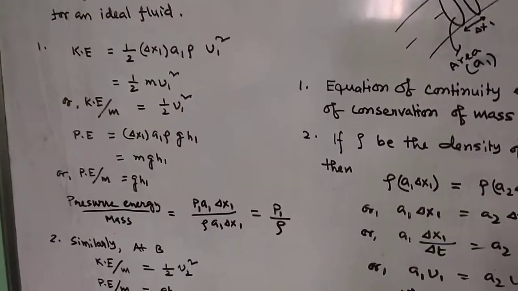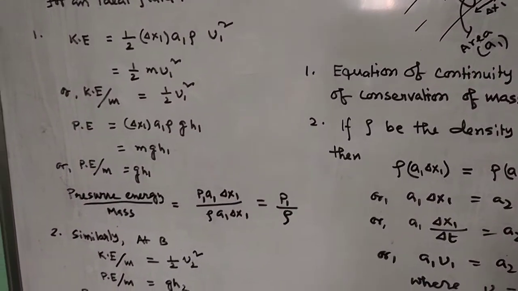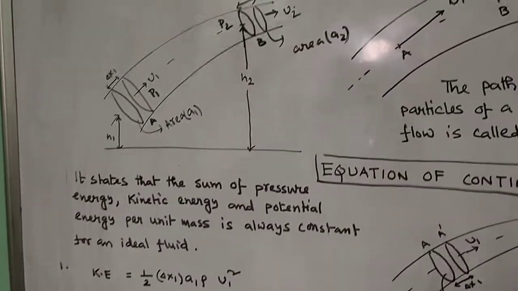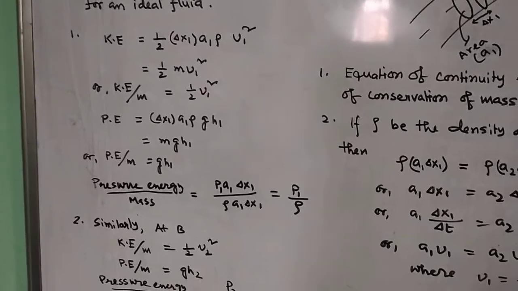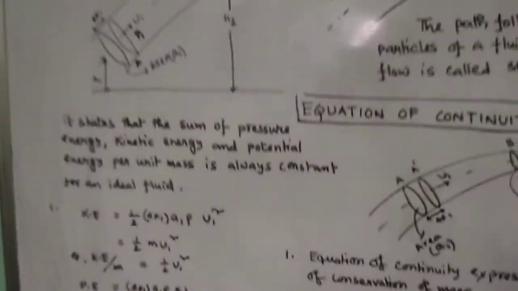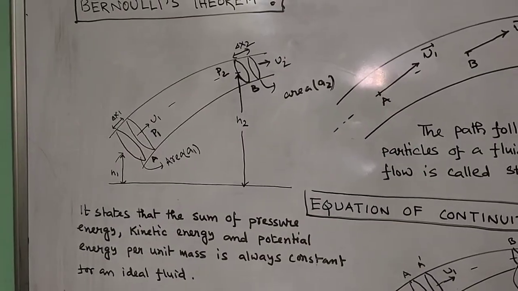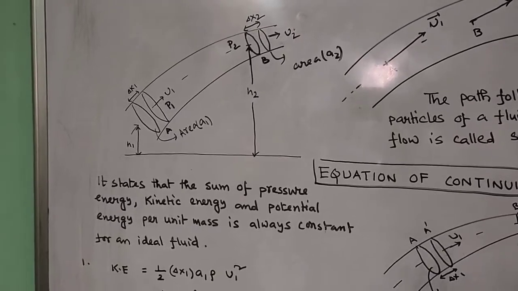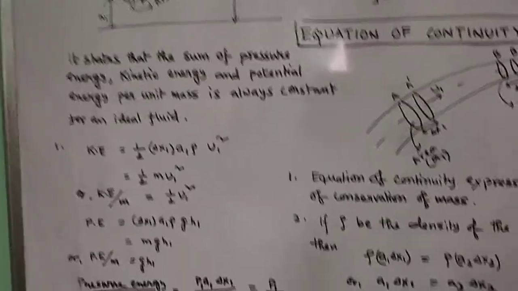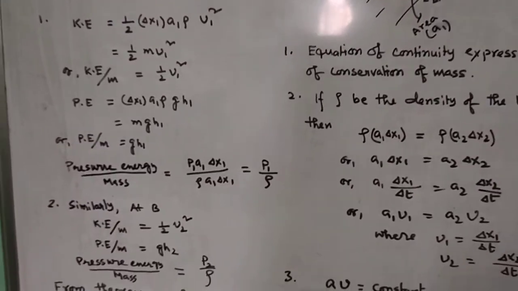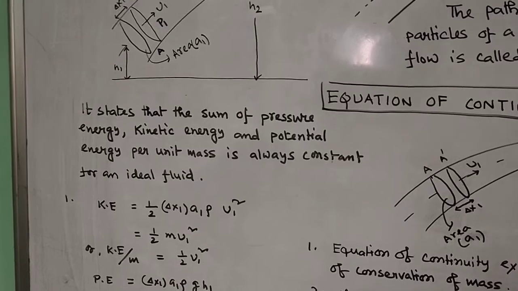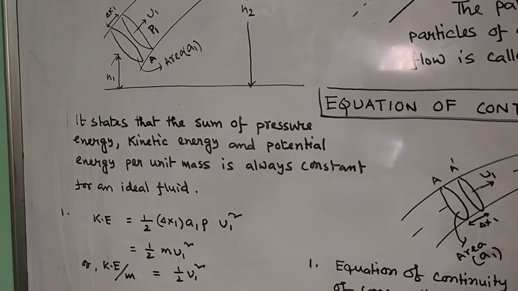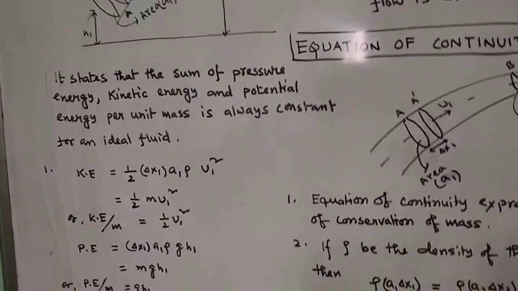If you simplify, it comes out to be P1 by rho. Similarly, you can get the values at B with the specific parameters. The kinetic energy per unit mass is half v2 square, because v2 is here, the potential energy per unit mass is g h2, because h2 is the height, and the pressure energy per unit mass comes out to be p2 by rho. The theorem says that the sum of pressure energy, kinetic energy and potential energy per unit mass is always constant.